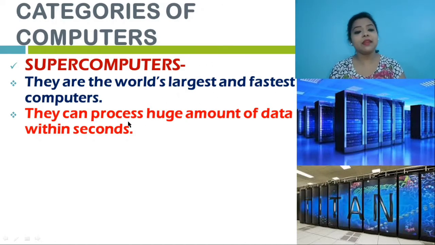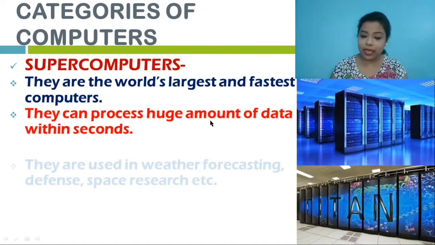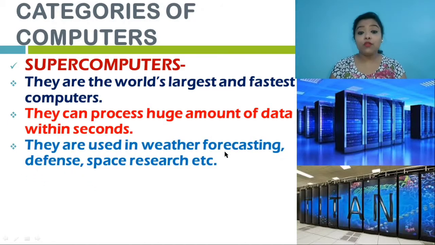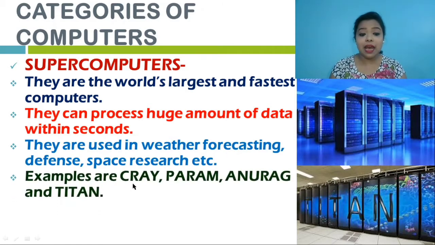That is why they can process huge amount of data within second also. Now, they are used in weather forecasting, defense, space research, etc. These are the applications of these supercomputers. Examples are Cray, Param, Anurag and Titan. These are the popular examples. You can see this is the image of Titan here.